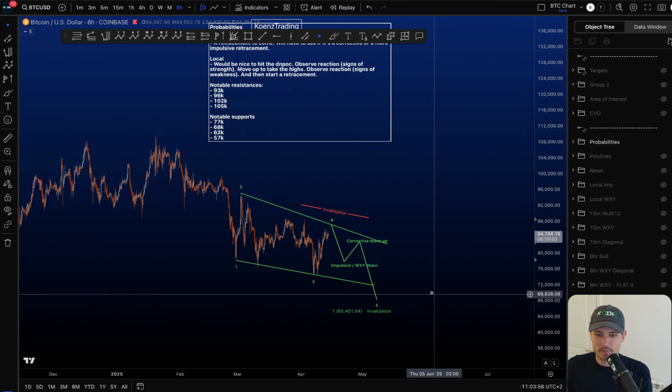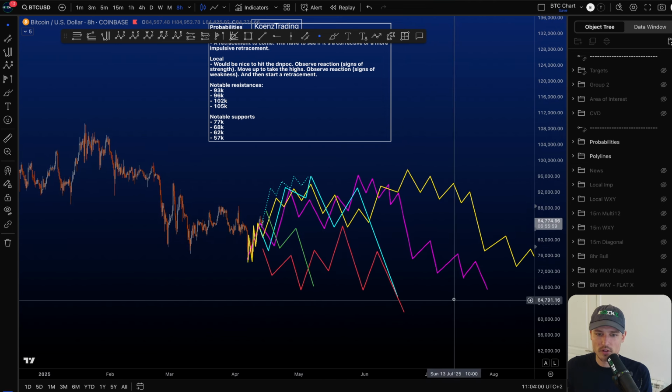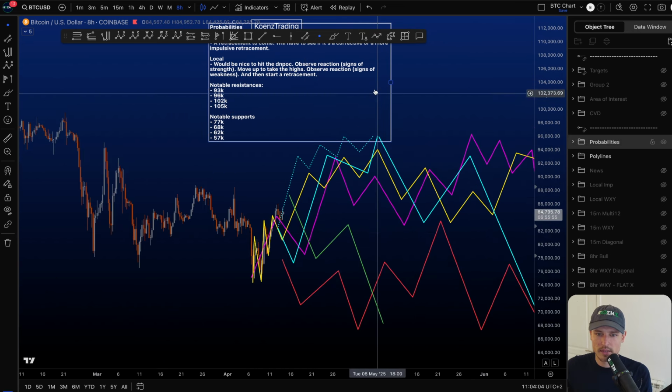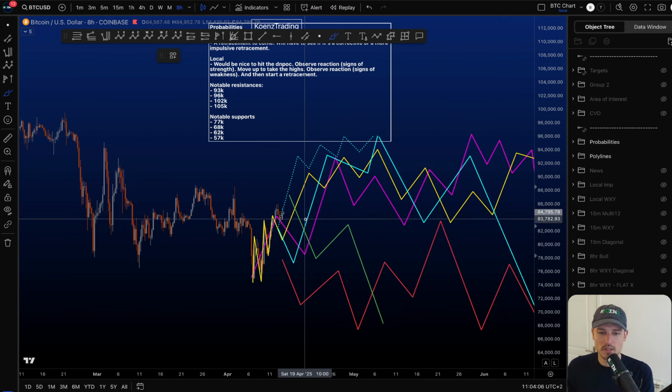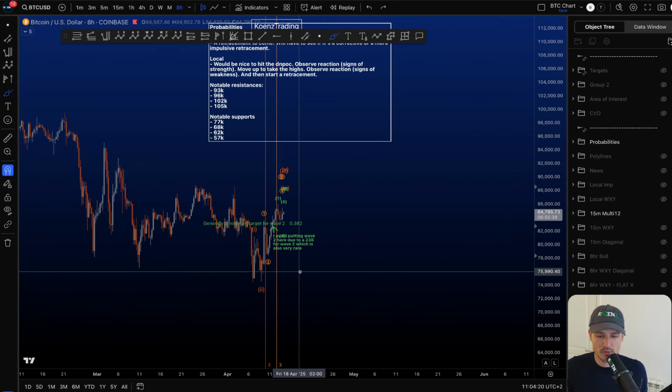On the 8-hour, if you look at the polylines, which is all the scenarios together, and we zoom into more local price action, then you can see that most of the lines are looking for a retracement. Yeah, of course, I can move the highs a little bit higher and the blue line, it doesn't matter. Down, down, down, down. Dotted line up, but the dotted line has to do with the multi-1-2 and the lower time frames, which as explained, doesn't look as good.